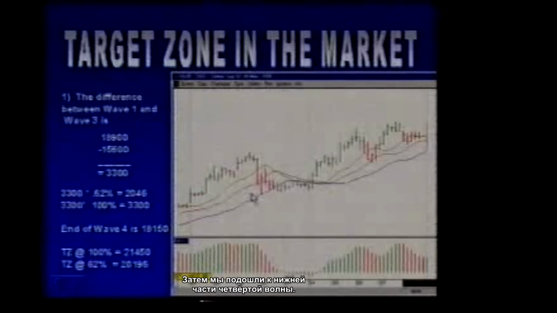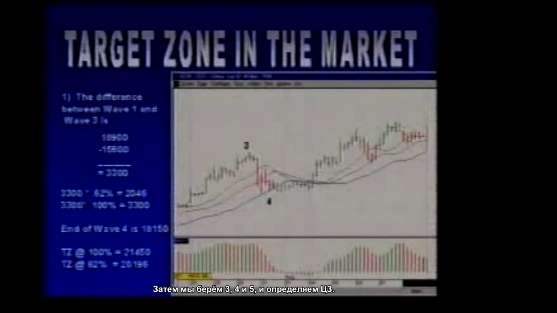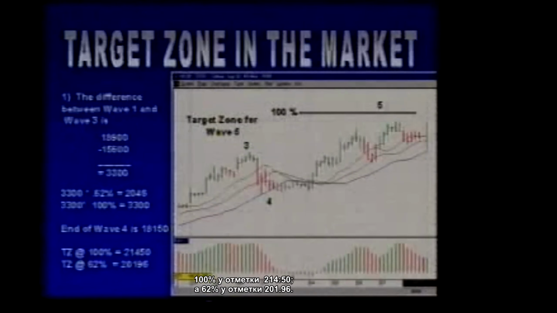Then we come over here to the bottom of wave 4, and we add that to the bottom of wave 4, and the end of wave 4 is 181.50, so 100% of that, adding that 33.00 to 181.50 would be 214.50, and 62% of that would be 201.96. And then we'll take this 3 and 4 and 5 and put in the target zone. 100% is up there at 214.50, and 62% is there at 201.96.